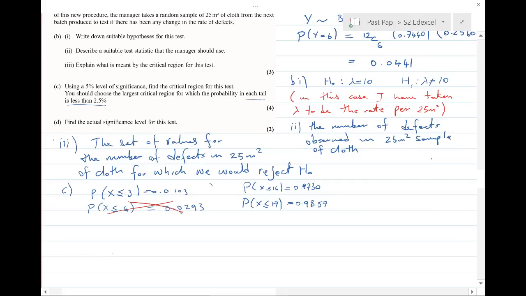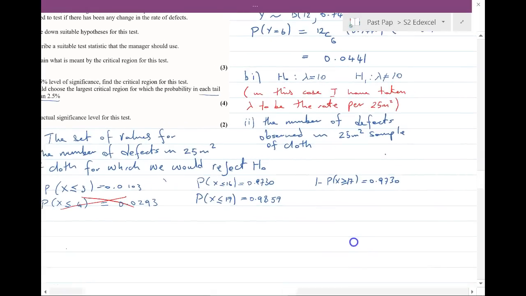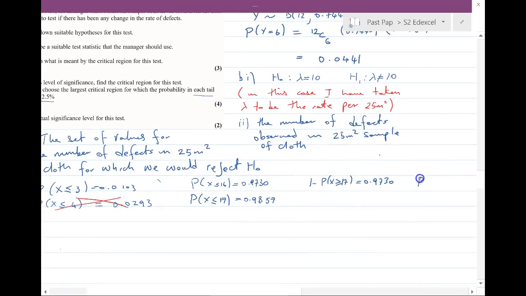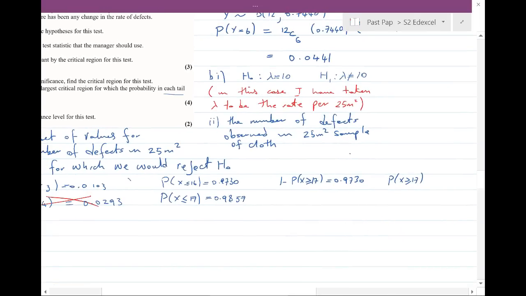Now looking at the upper tail, we have 1 minus the probability that x is greater than or equal to 17 equal to 0.9730. And that gives us a probability that x is greater than or equal to 17 of 0.0270, but it actually lies above that tolerance level.